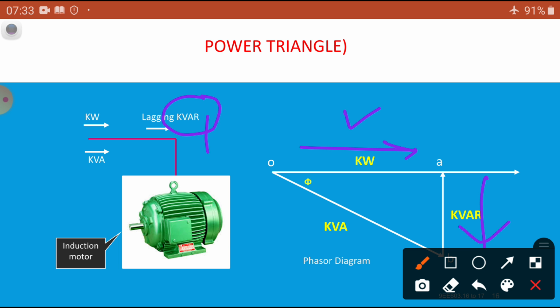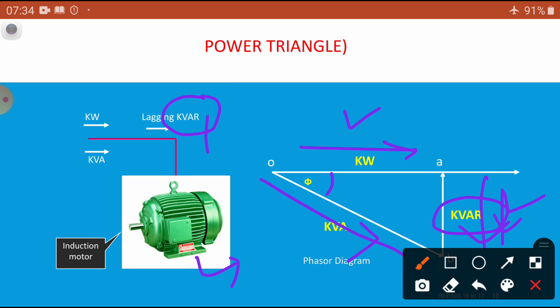Then this whole square plus this whole square gives the kVA, the apparent power: active power, reactive power, apparent power. As we know, this is the power factor angle. This is the reactive power which is taken from the supply. Actually there is no need to supply this, but the induction motor always draws it.